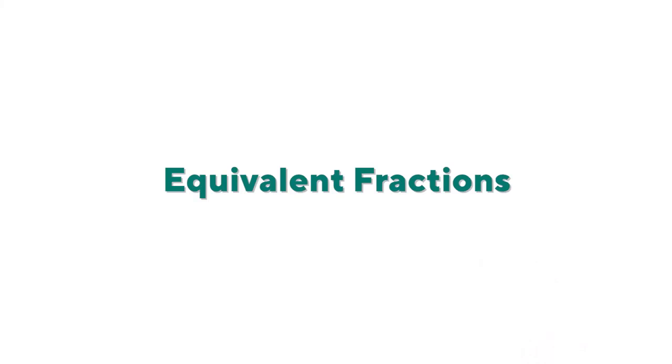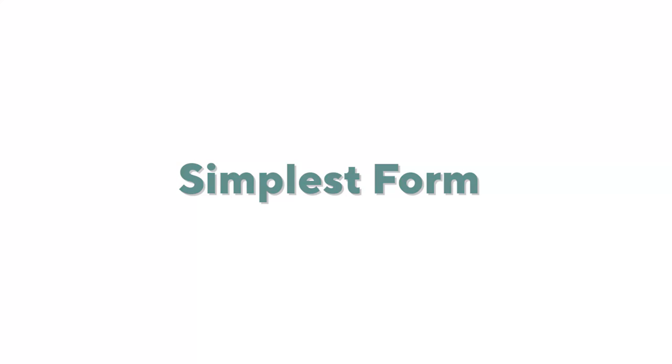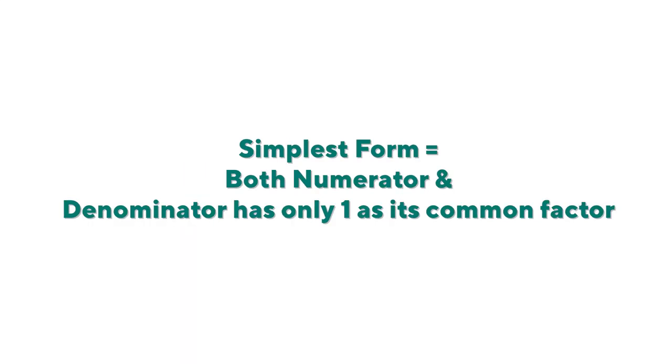Now let's talk about equivalent fractions. Equivalent fractions are fractions that have the same value when reduced. We know fractions have to always be in their simplest form. That means both the numerator and denominator have only 1 as their common factor.